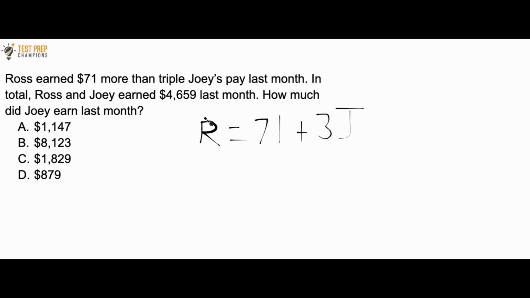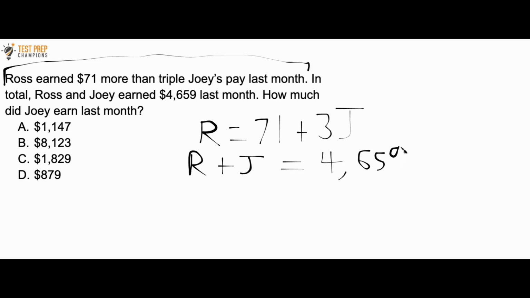Again, this R equals 71 plus 3J just comes from the information we get in the first sentence here. Now I'm going to write a second equation. The second equation is R plus J equals 4,659.